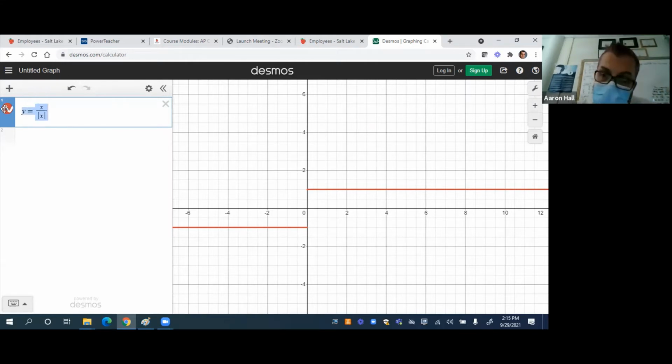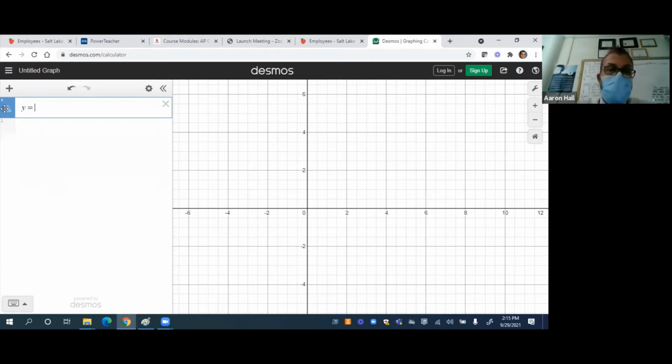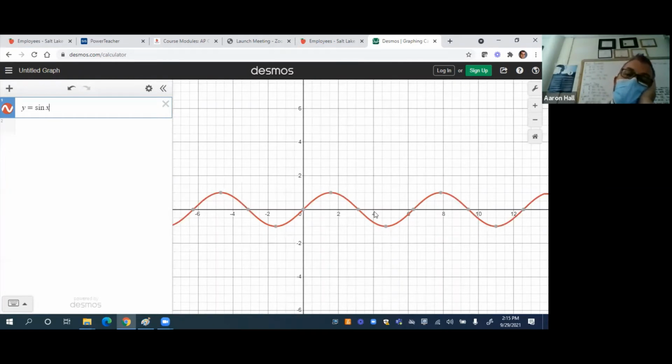Now I don't have one for oscillating off the top of my head, but I could probably try to create one. I have sine of X and this just seems to oscillate up and down. What kind of transformation do I do so that I squish all these together so it's hard to tell what we're converging on? Is that my A value, my B value, my C value, or the D value?